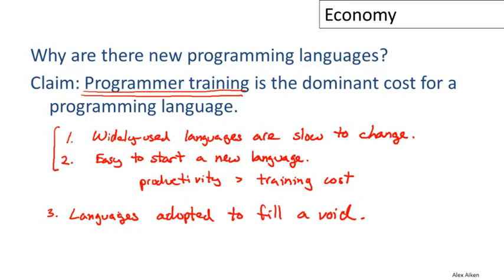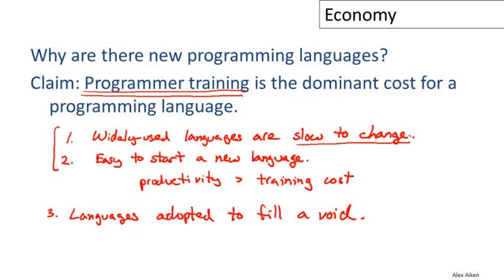So new programming niches open up because the technology changes, what people want to do with software changes, and this creates new opportunities for languages. The old languages are slow to change, and so they have some difficulty adapting to fit these new domains, and they aren't necessarily well suited to them, for the reasons we talked about on the previous slide with the previous question, because it's hard to have one language that incorporates all the features you would want.